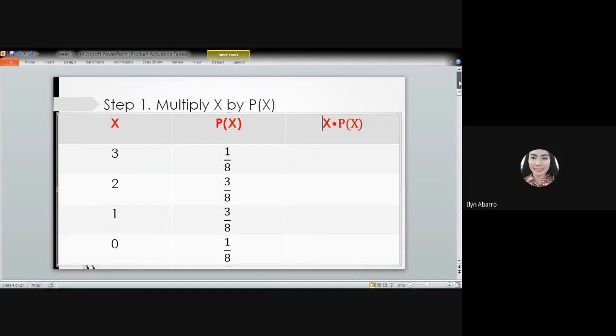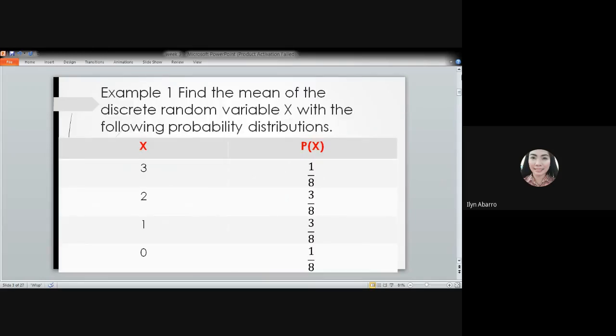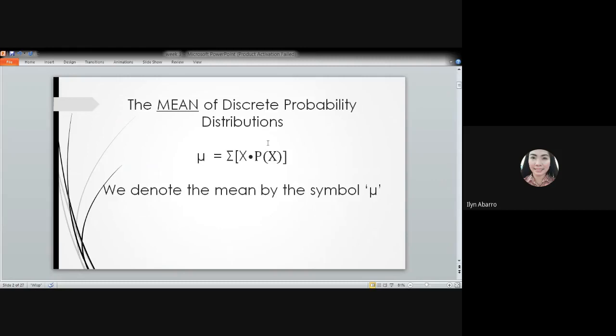Okay, tingnan natin saan galing yung x times p of x. From the formula, we need to multiply the random variable x and the probability of the random variable x. And then, we're going to add their, what do you call the answer of the multiplication? Their product to get the mean of the discrete probability distribution.